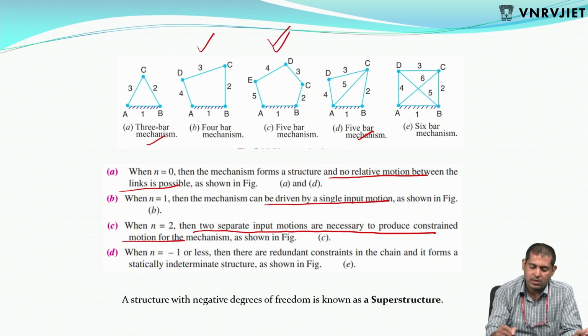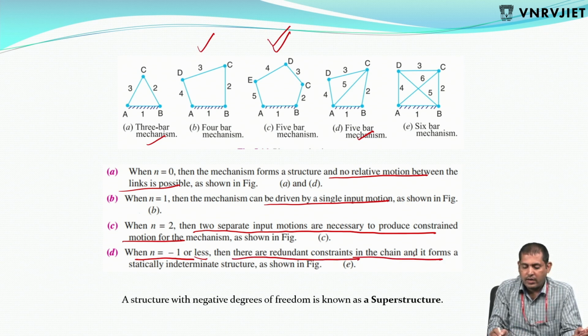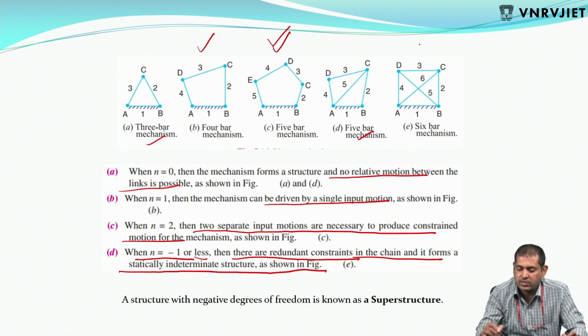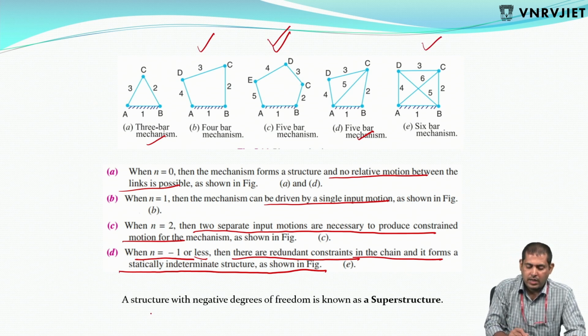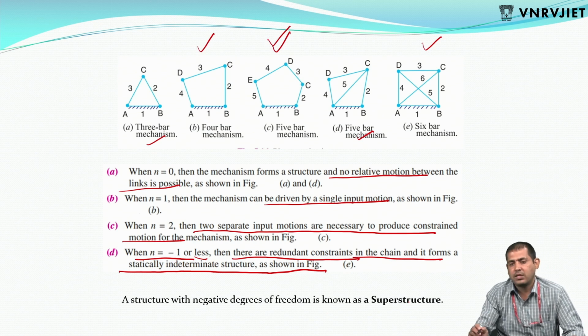This part is this. When N is equal to -1 or less, then there are redundant constraints in the chain and it forms a statically indeterminate structure. Such a structure is called a superstructure. A structure with negative degrees of freedom is known as a superstructure.